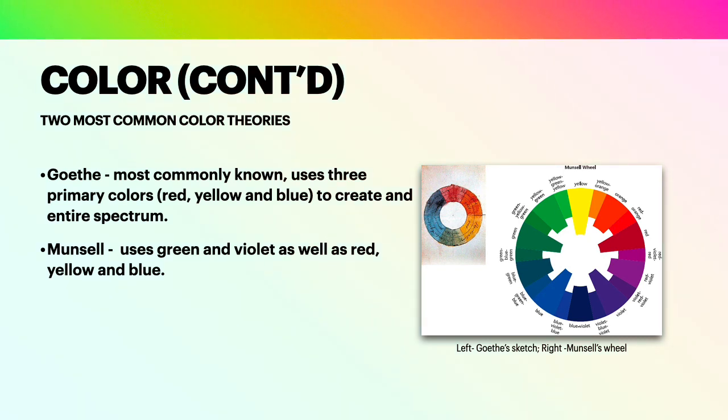Munsell arranged colors into a cylindrical shape where the hues go around horizontally. Intensities are arranged from the central axis outward, and the values are arranged from the top, which are usually white, to the bottom, which is typically black.